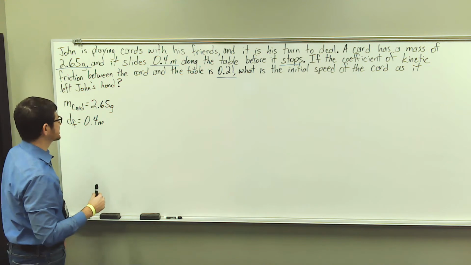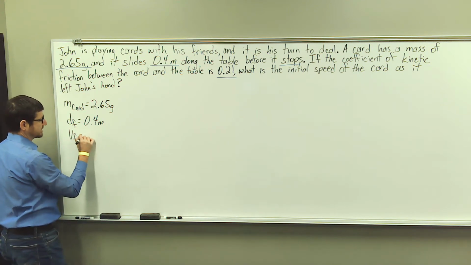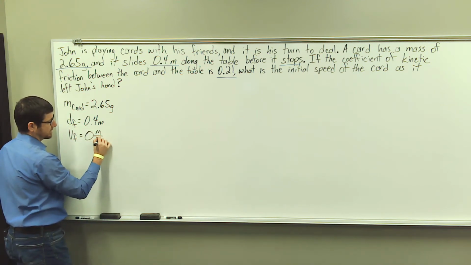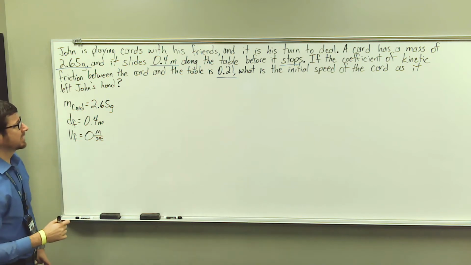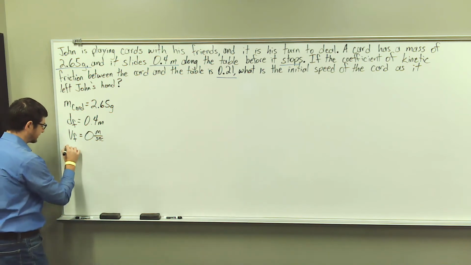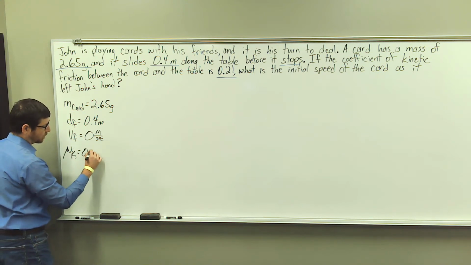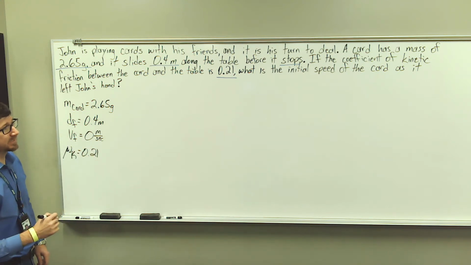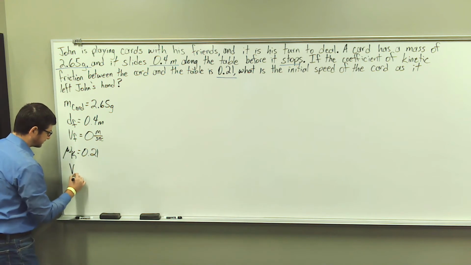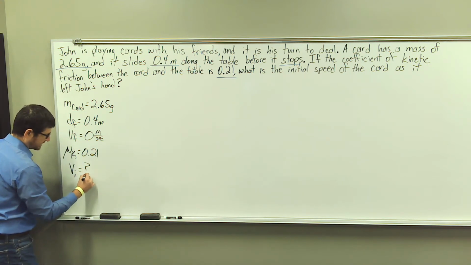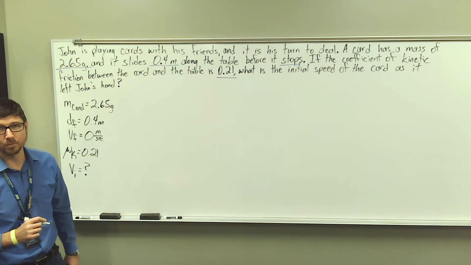And the card comes to a stop, so the final velocity of the card is 0 meters per second. If the coefficient of kinetic friction between the card and the table is 0.21, what is the initial speed of the card? So the initial speed is what we are going to calculate.